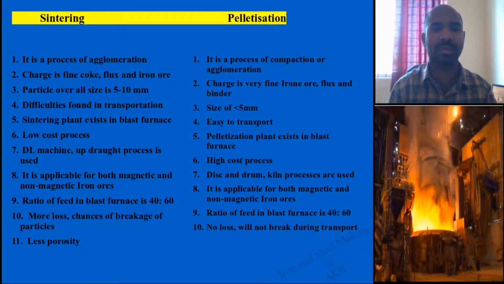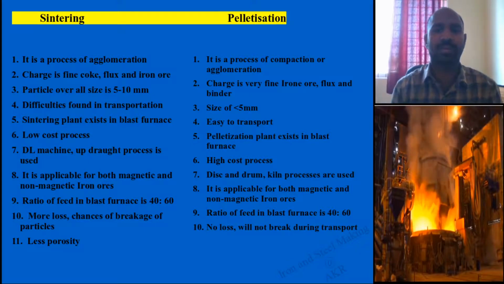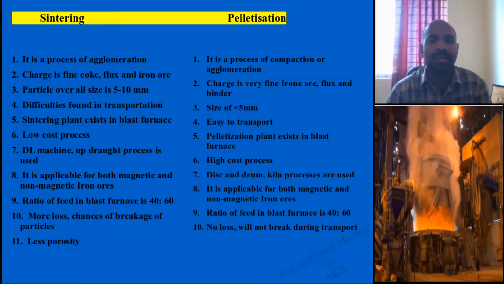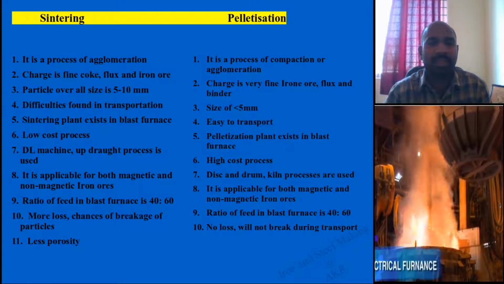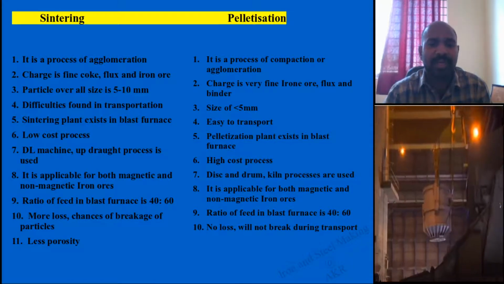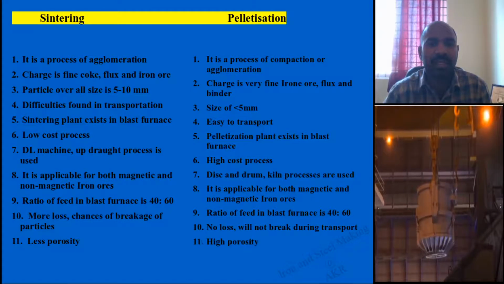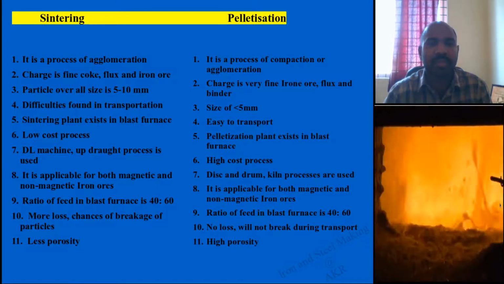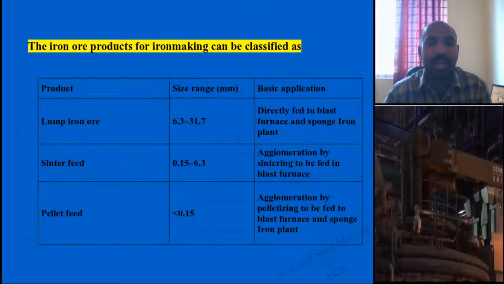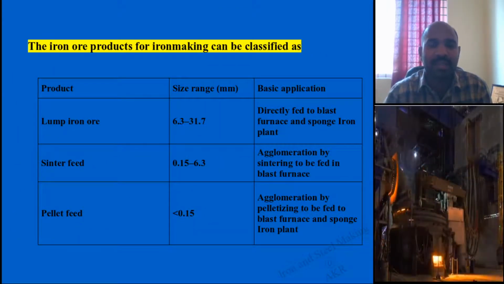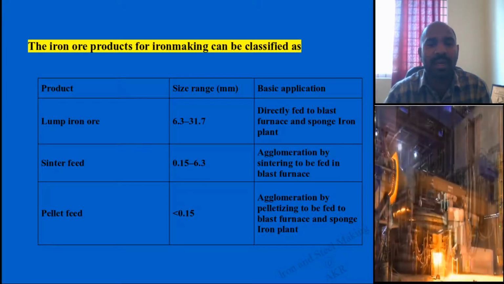Compared with the sintering process, there will not be any loss of fine pellet particles during transportation from the pelletization plant to the blast furnace or sponge iron plant. The porosity is high compared to sinter particles, for iron making and sponge iron production.